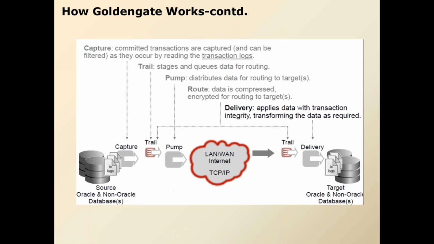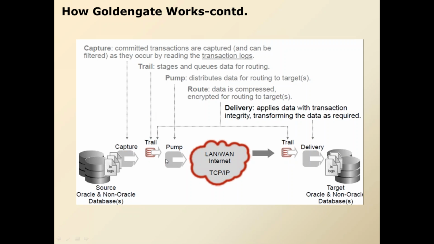So there are three Goldengate processes involved: capture, pump and delivery. Each process has a source to read from and a target to write to. The capture process source is the source database and target is local trail. The pump process source is local trail and target is remote trail. The delivery process source is remote trail and target is the target database.